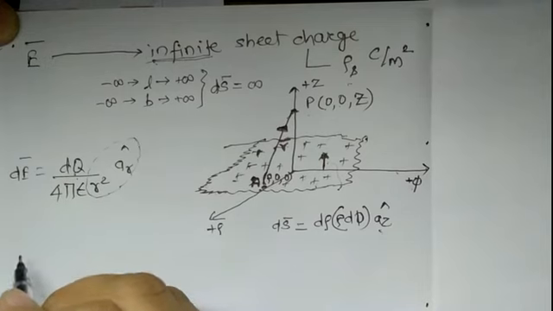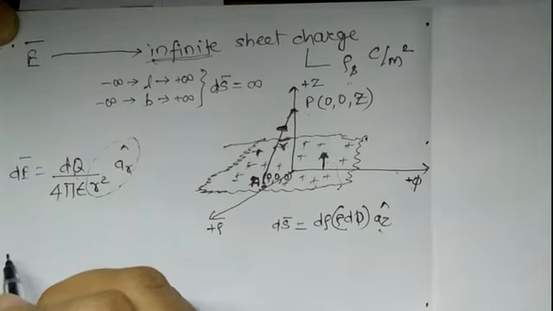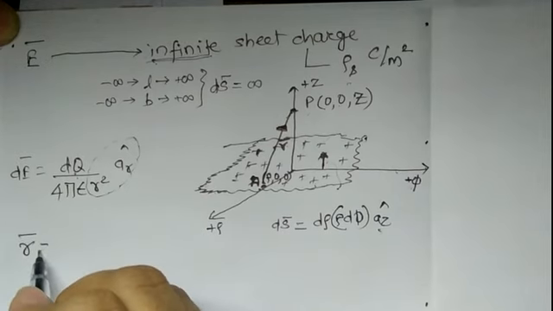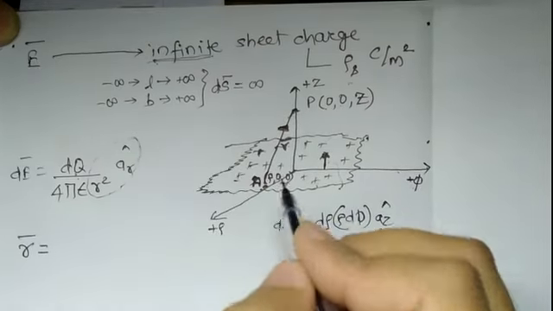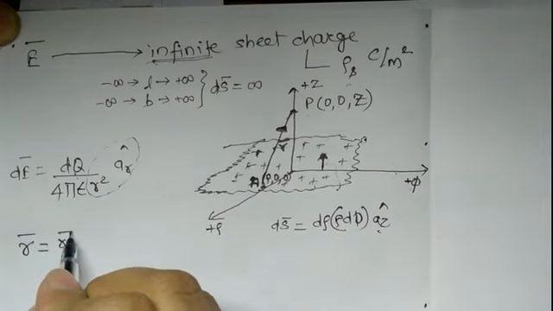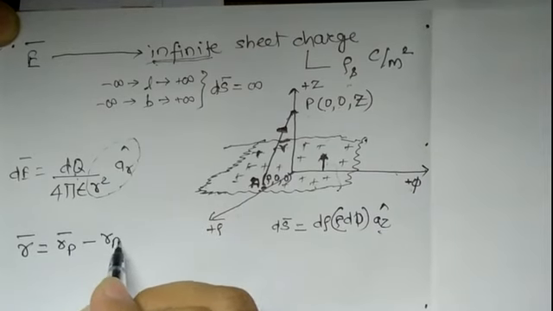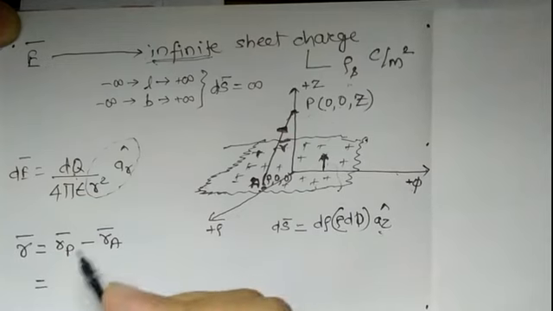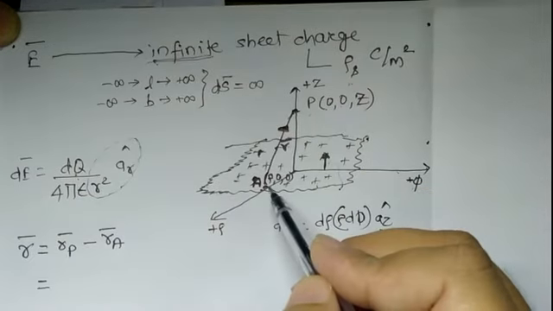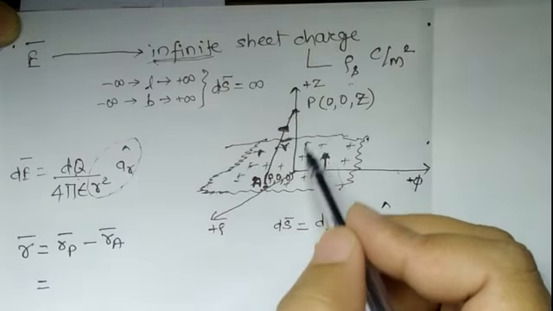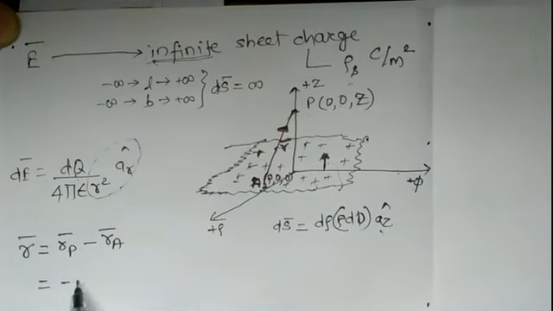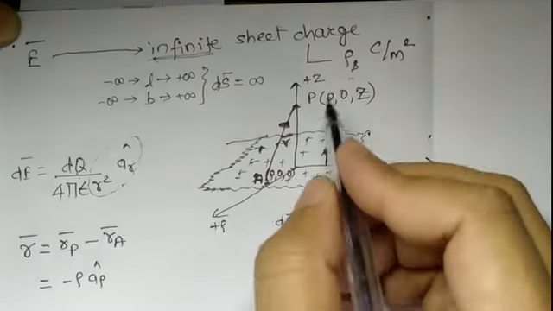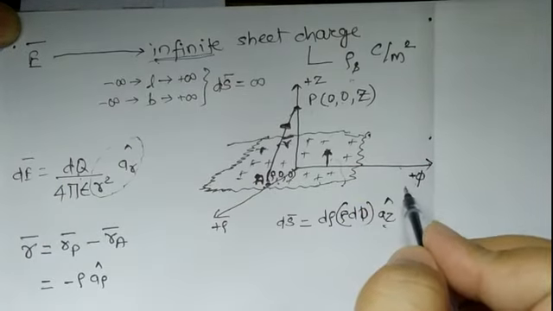Okay, so first we calculate the value of this r bar. So r bar is equal to final minus initial, the position vector of point P minus the position vector of point A. So I'm calculating the final value. 0 minus rho will be minus rho into a rho cap. 0 minus 0, a phi cap will be as it is.